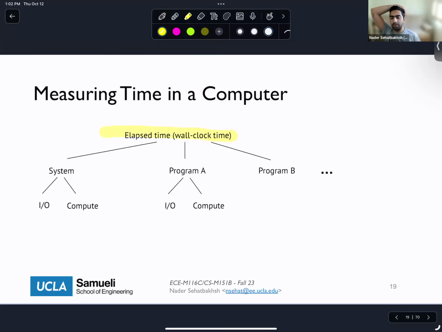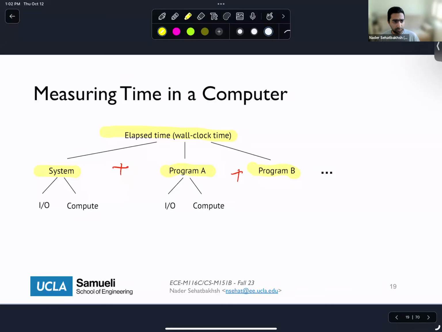This is the time that we can observe from outside the computer. In reality, though, this time is a combination of a bunch of different things at the same time. It's a combination of the time it takes for running system activities, the time it takes to run program A, the time it takes to run program B, and so on and so forth.